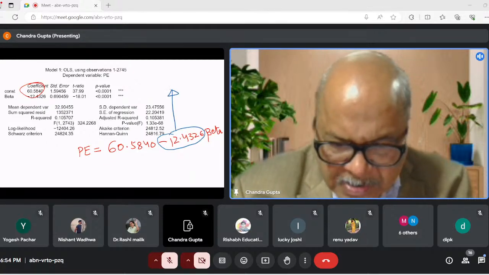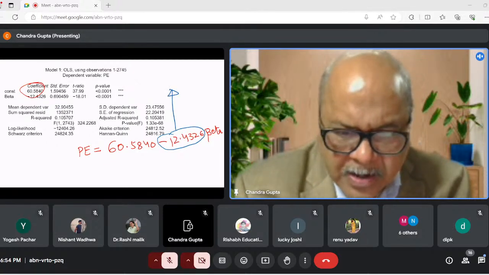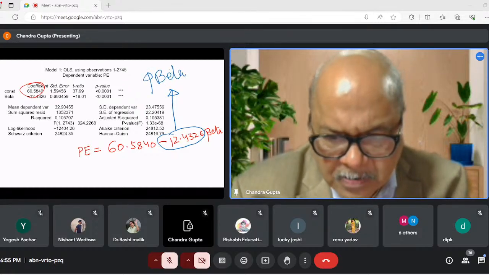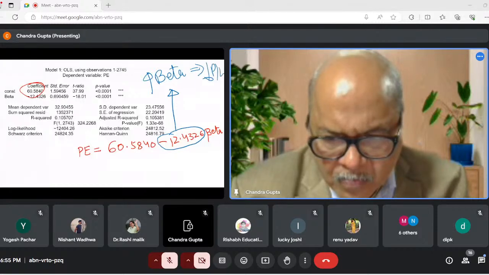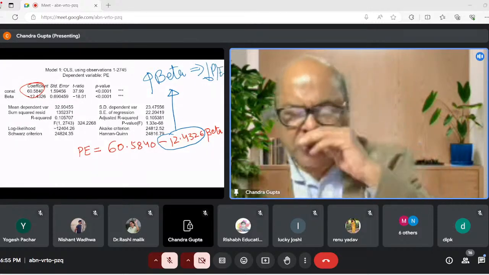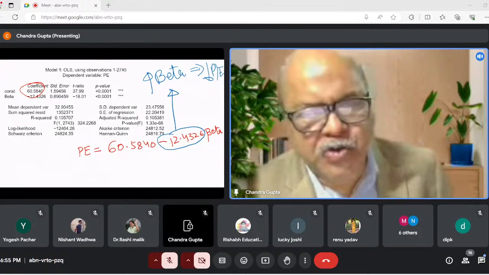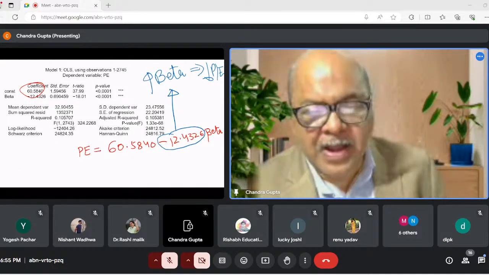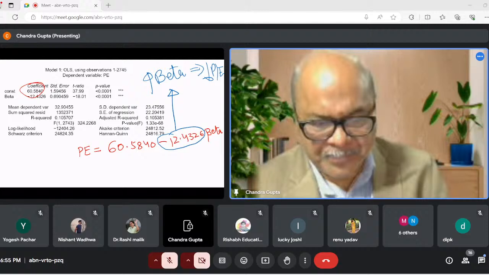This negative sign shows that higher beta means lower P ratio. So if the risk is high, my P ratio will be low. If the risk is low, my P ratio will be high. That's what it means. Okay.